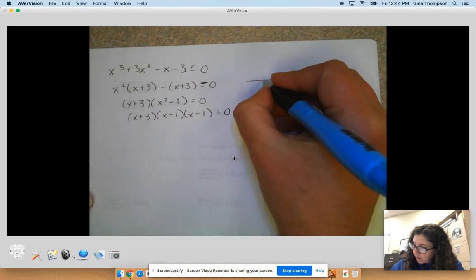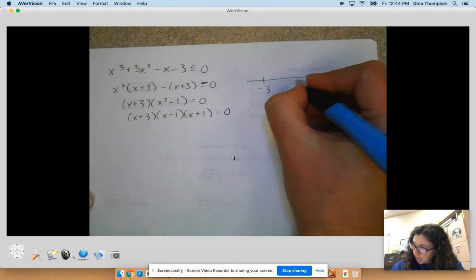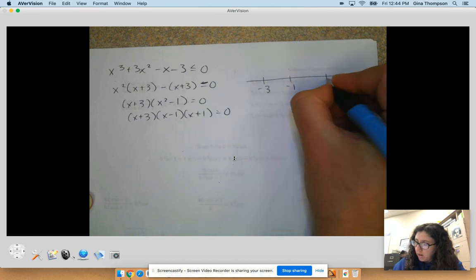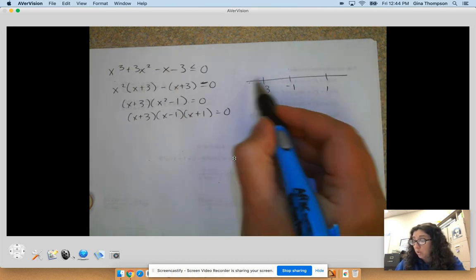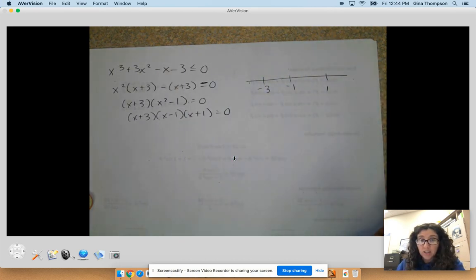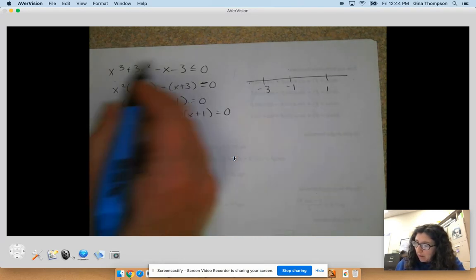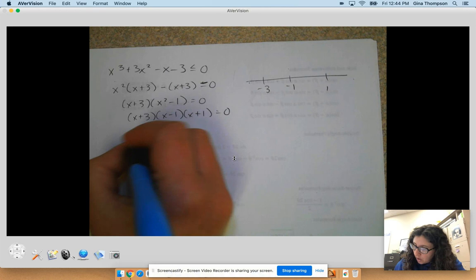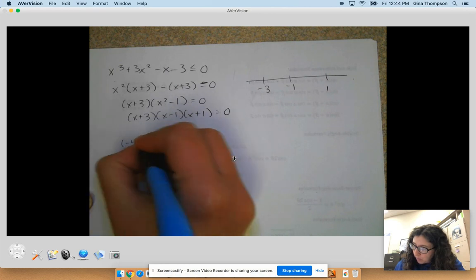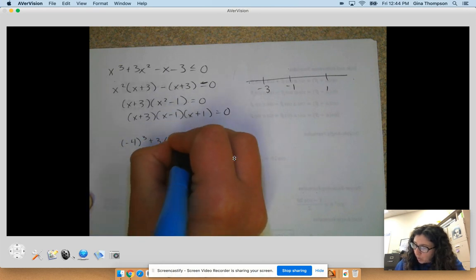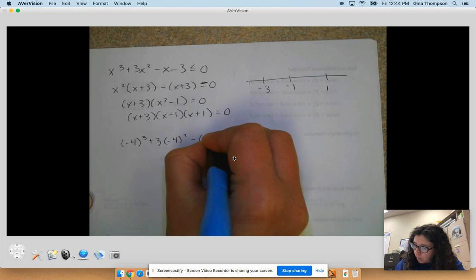So what's my number line look like? At x equals -3, -1, and 1. So now I actually have 4 intervals that I need to test a number on. So I'll put them back into my original inequality. So -4 cubed plus 3 times -4 squared minus -4 minus 3.